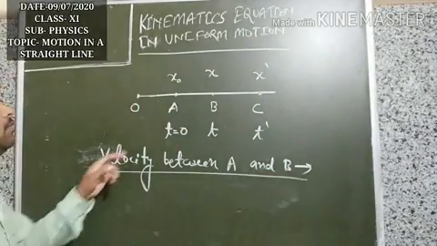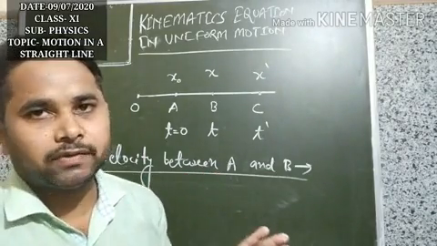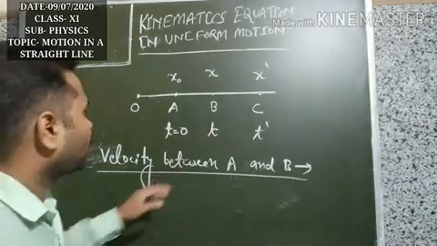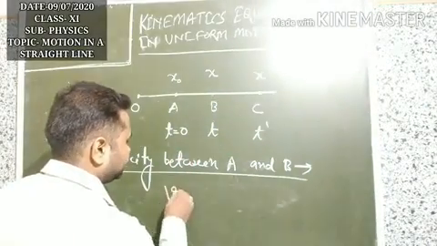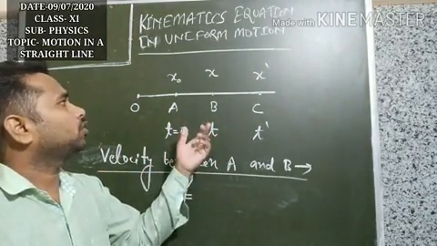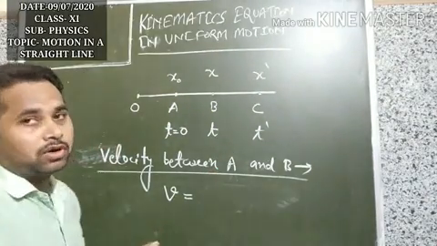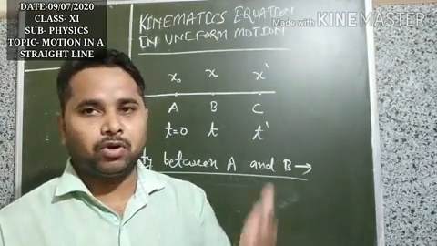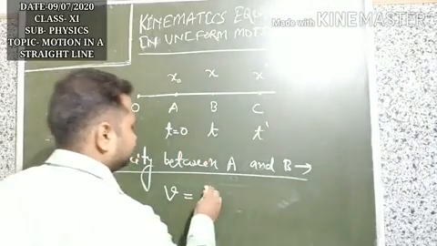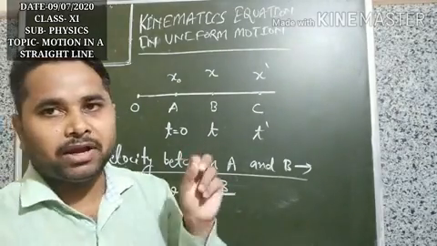Velocity between A and B: if I write velocity between A and B, it is not instantaneous velocity, it is average velocity from A to B. Suppose the uniform motion of the body has velocity V, and V equals what? Speed equals velocity equals displacement upon time. What is the displacement from A to B? It is AB. AB is the displacement upon time taken. Time taken means time interval.